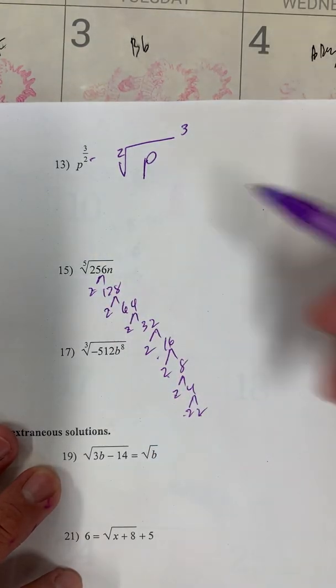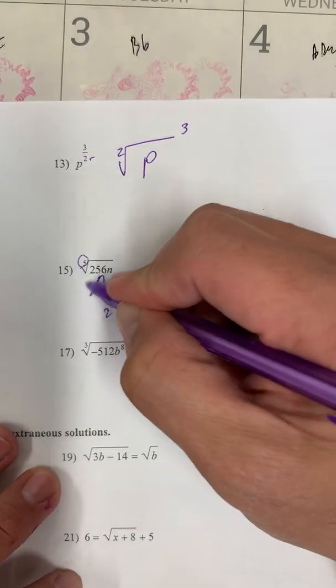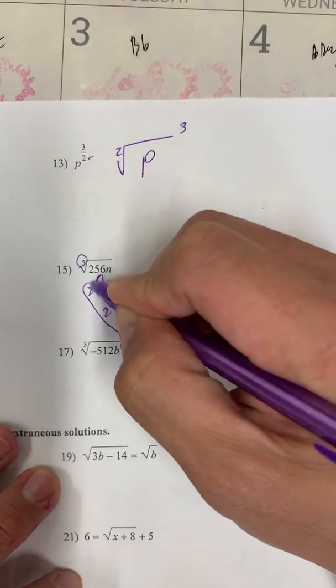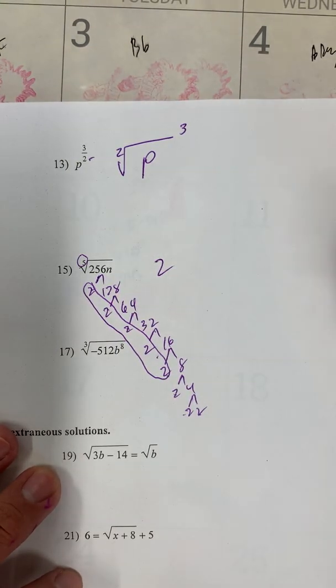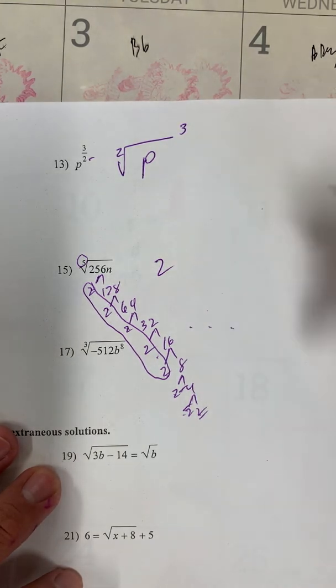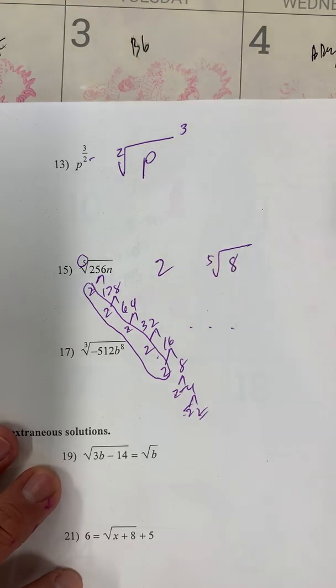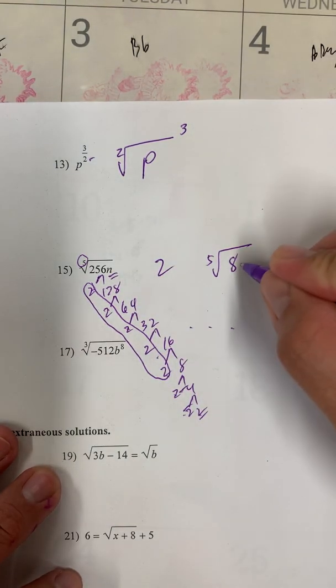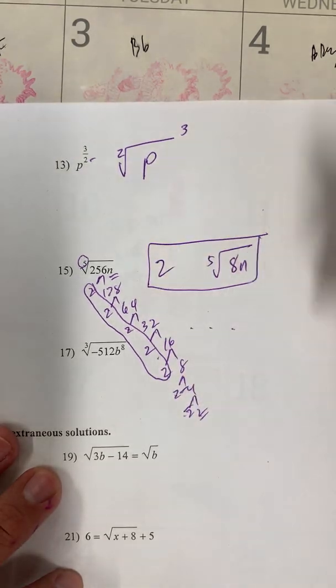There should be 8, but we have 5 in a group, so 1, 2, 3, 4, 5. That brings the 2 out. And 1, 2, 3, there are 3 2's left there, that makes it 8. 2 times 2 times 2 is 8, so that's going to be 5th root of 8. The n has not enough items to get a group, so 8n, and that's the answer there.